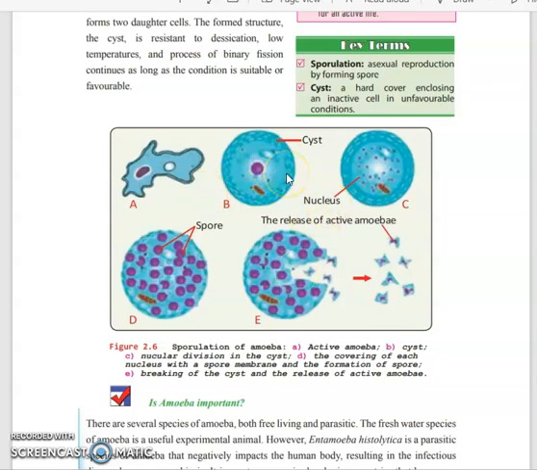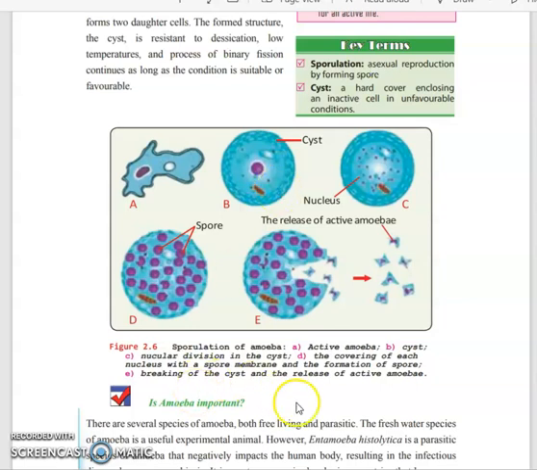In the cyst there is nuclear division, then the covering of each nucleus with a spore membrane and the formation of a spore. So spores are formed, and the cyst breaks open and all the active amoebas are released. So this is sporulation. Sporulation is asexual reproduction by forming spores.